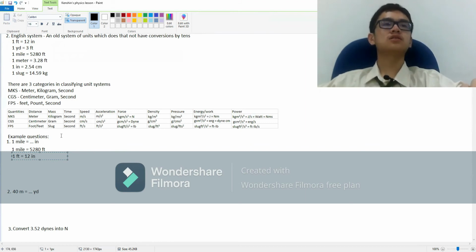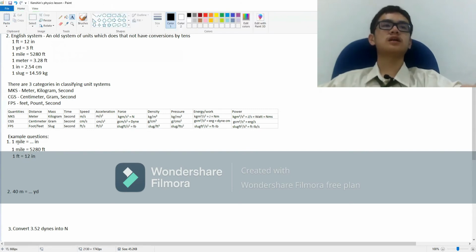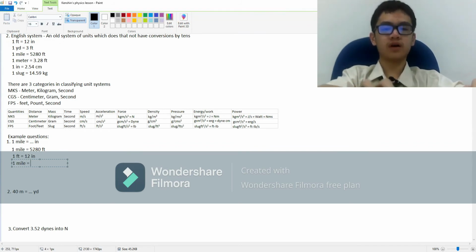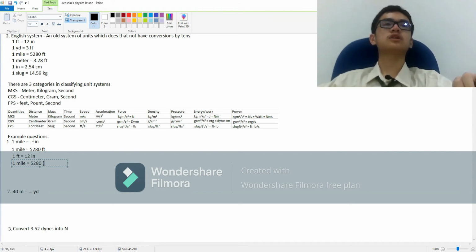So let's replace 1 foot with 12 inches. It's basically like algebra. So 1 mile is equal to 5,280 feet, or 5,280 times 12.